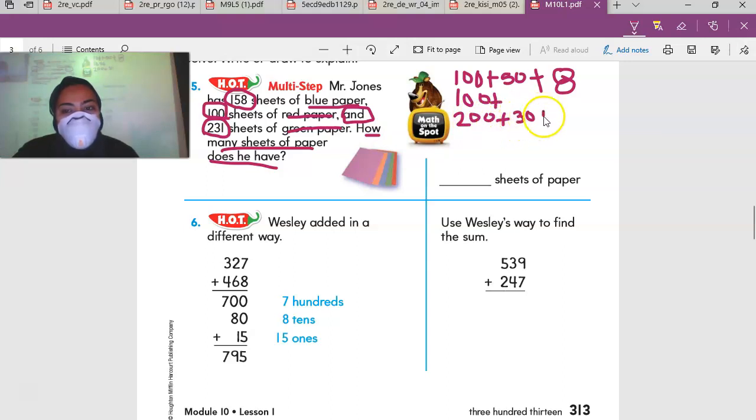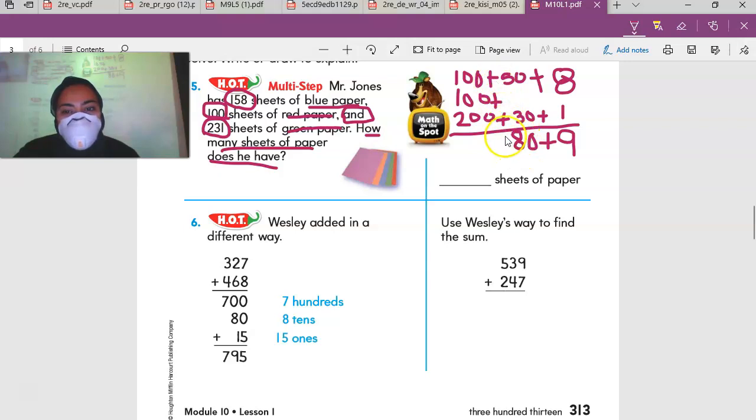Why did I leave this blank over here? Because there's only 100. There's nothing else. So here you're only going to add these 2 digits. 8 plus 1 is 9. And then bring the plus sign down. 0 plus 0 is 0. 5 plus 3 is 8.